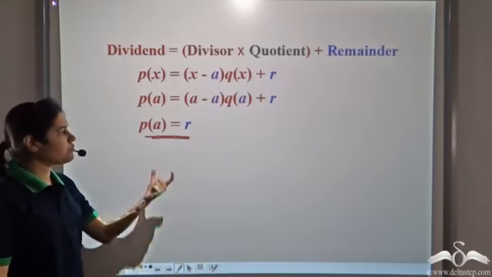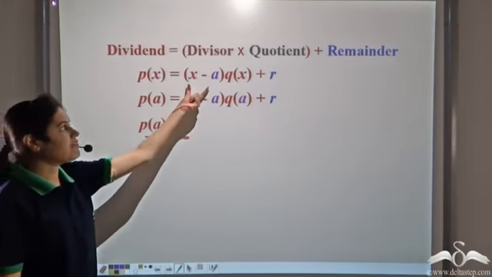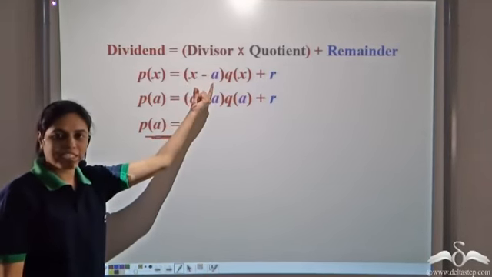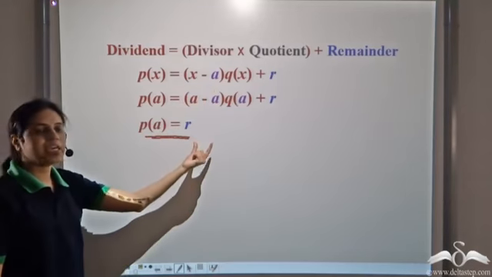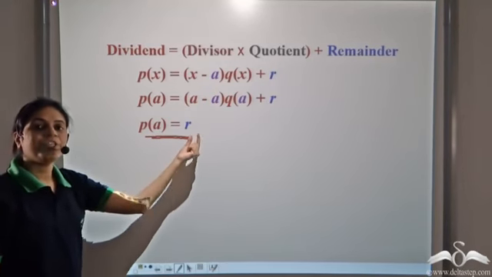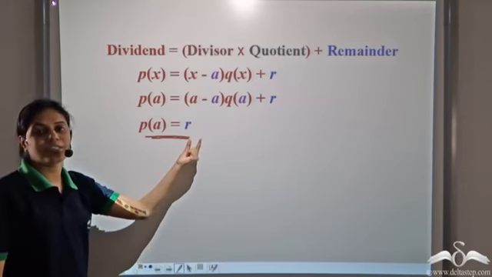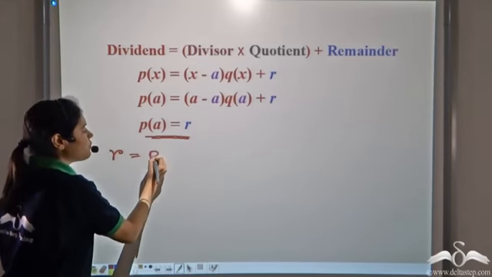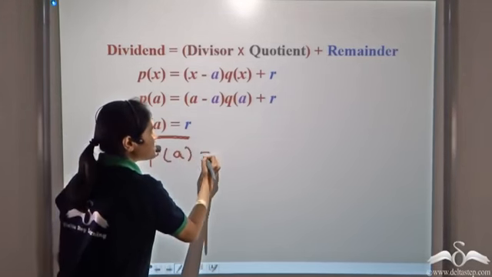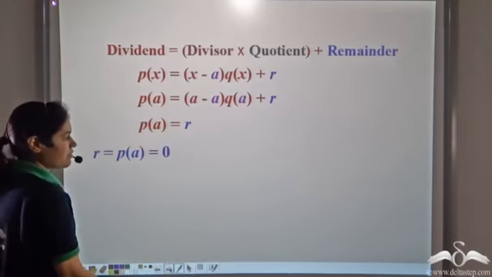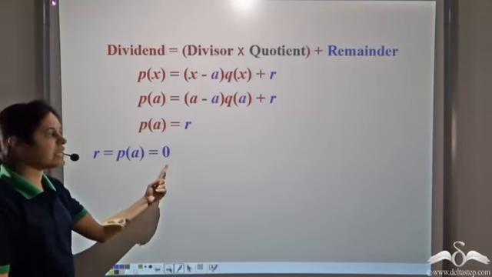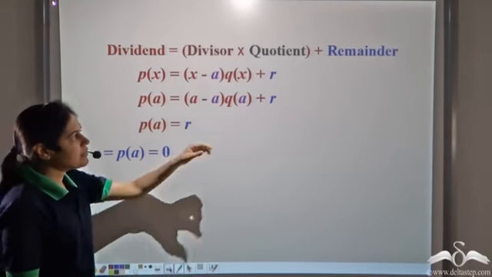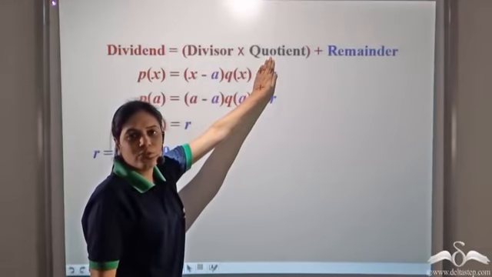This is what we have from the remainder theorem, that if we divide any polynomial by x minus a, we get p(a) is equal to r. Now if this remainder is 0, that is, if r which is equal to p(a) is 0, then this part will be 0.